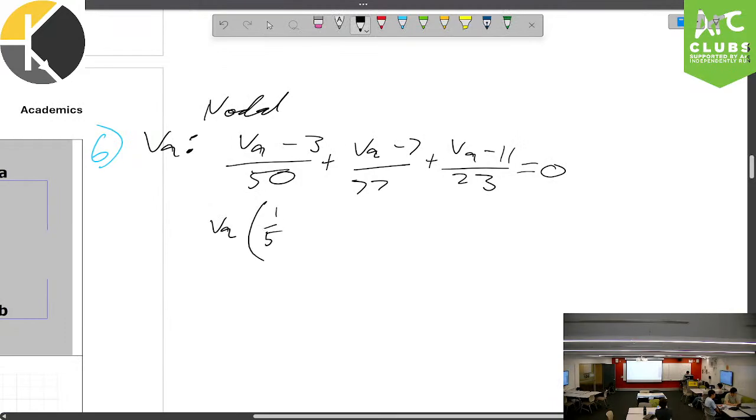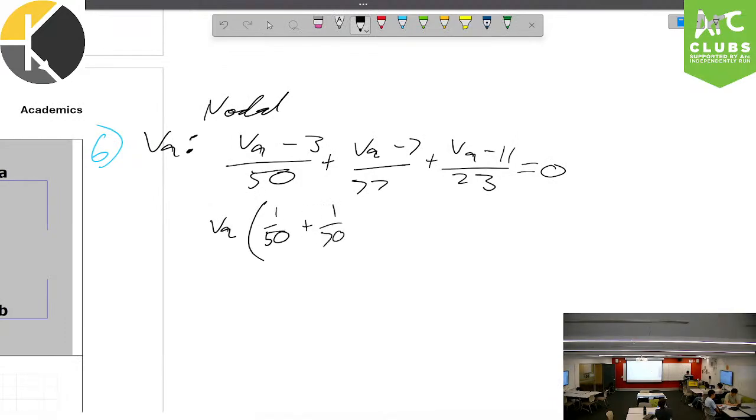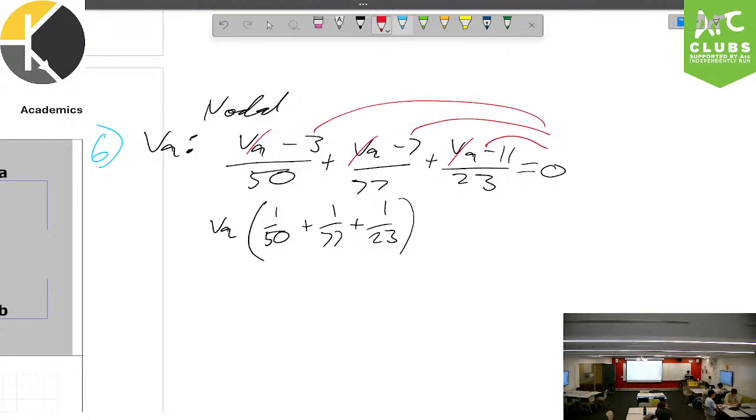So I got 1 on 50 of that, plus 1 on 77 of that, plus 1 on 23 of that. So that's me just crossing out these terms over here. And I'm just going to throw the other ones over here, right? So this is going to be equal to 3 on 50 plus 7 on 77 plus 11 on 23.